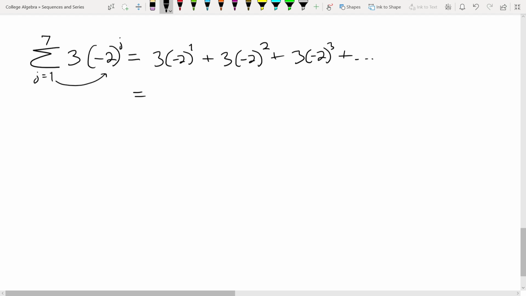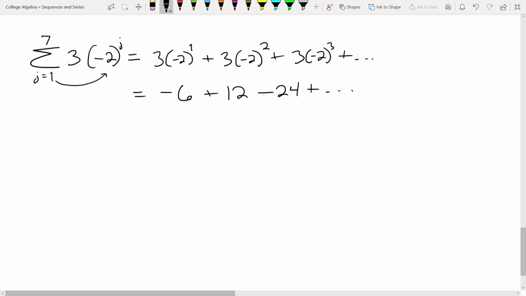So 3 times negative 2 to the 1 power is going to be negative 6. Then we have 3 times negative 2 squared. That's going to be 4. So 3 times 4 is 12. Then we have 3 times negative 8. That would be negative 24. So I'm going to write a negative there. And so on for the next 4 terms in the series.